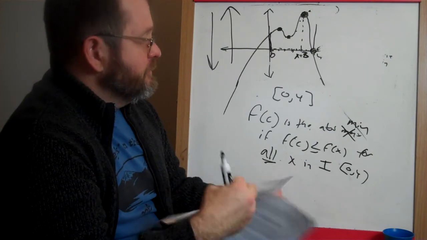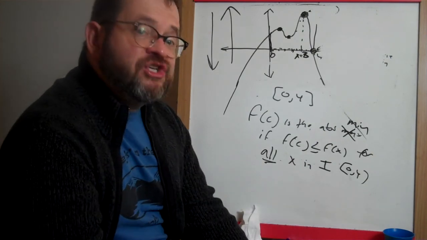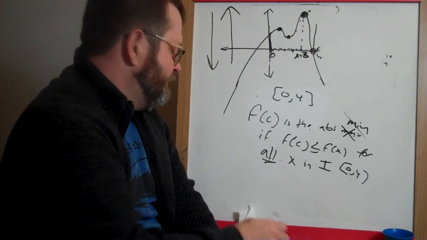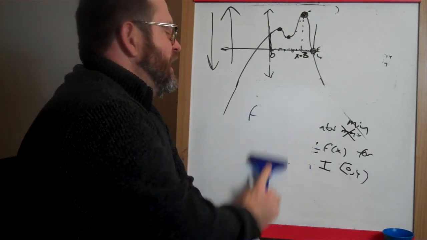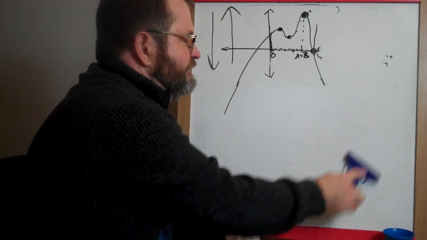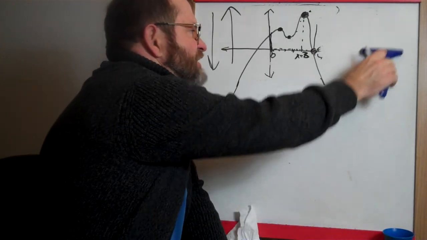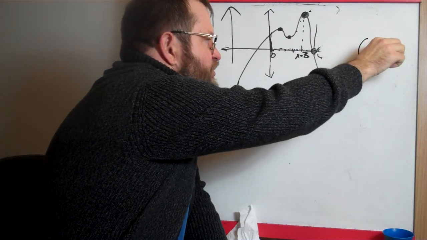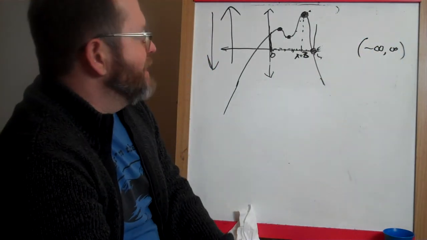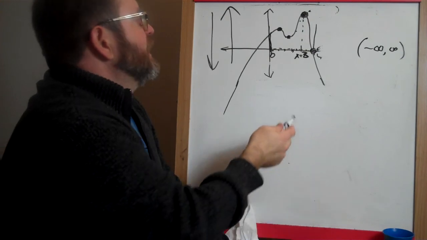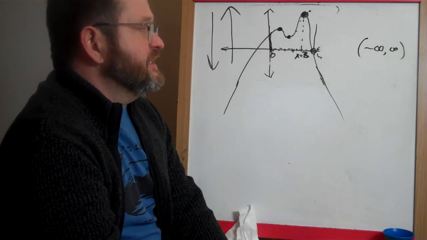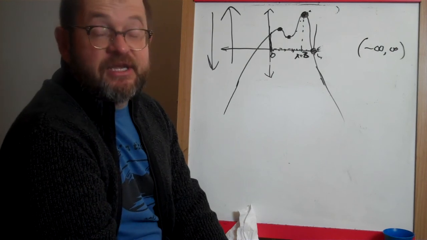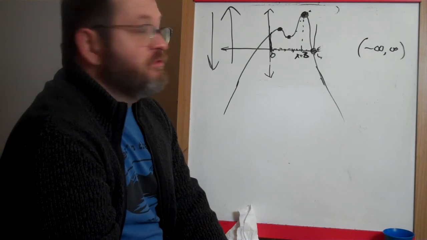Now, not every function will have an absolute maximum, and not every function will have an absolute minimum, especially if you switch to using a domain that's like negative infinity to infinity. Once you start having intervals that are like all real numbers, we start having trouble finding absolute maxima and absolute minima. If I was using the same function here and I said what is the absolute minimum of this function on the interval from negative infinity to infinity, I'd have to say that there is no minimum.